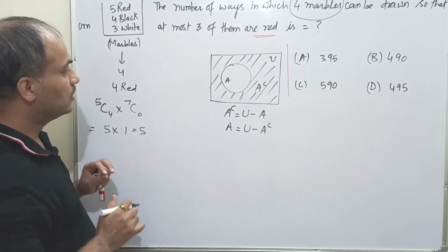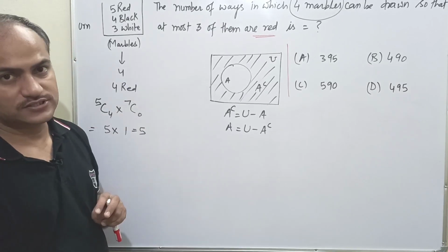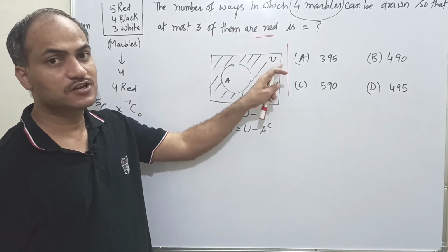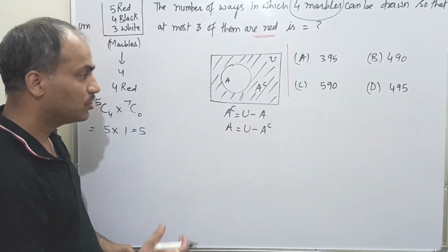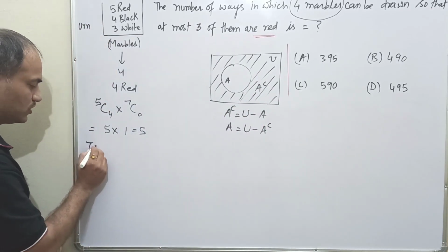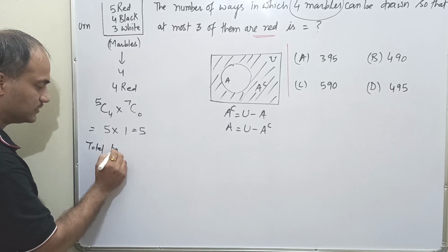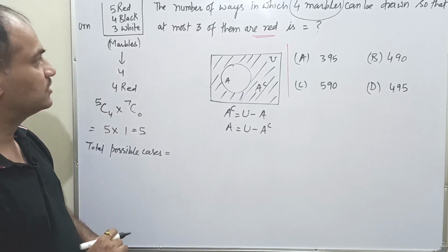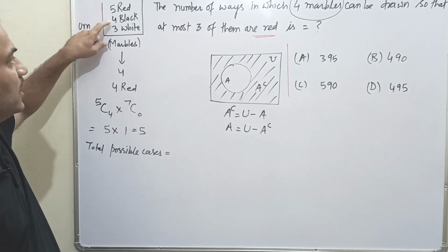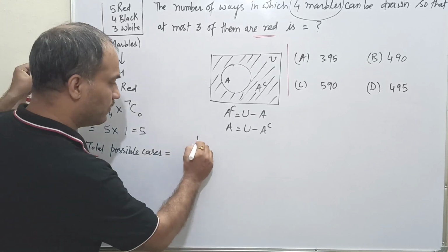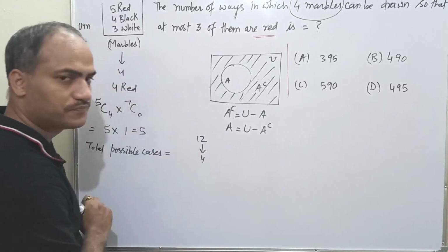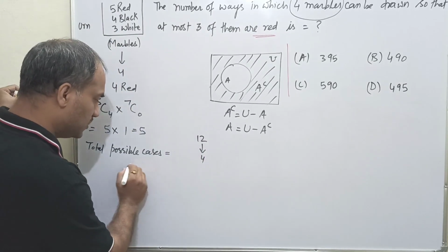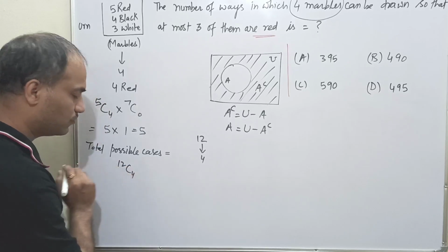Now can we find the total number of cases? Total number of cases means the universal possibility, all possibilities. How many total possible cases are there? 5 plus 4 is 9, and 3 is 12. Out of 12 we are drawing 4, so obviously this will be 12C4 ways.